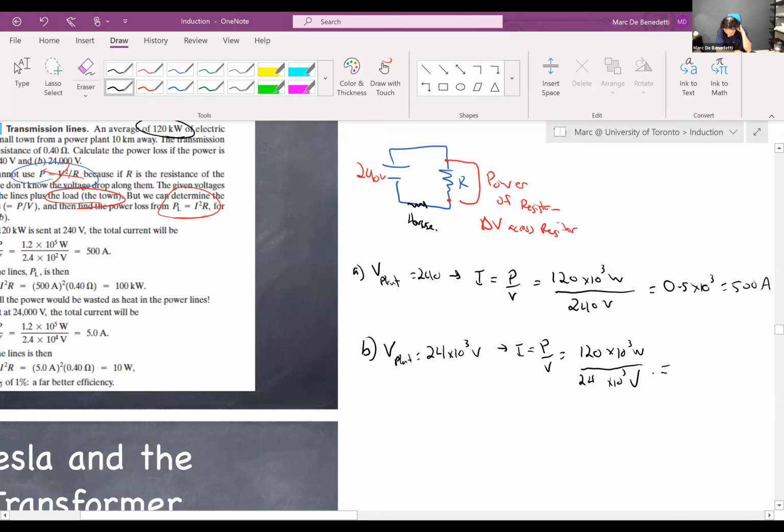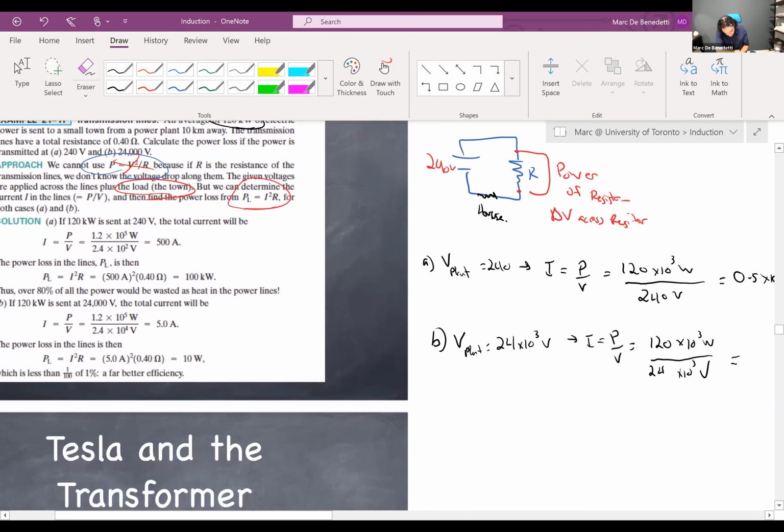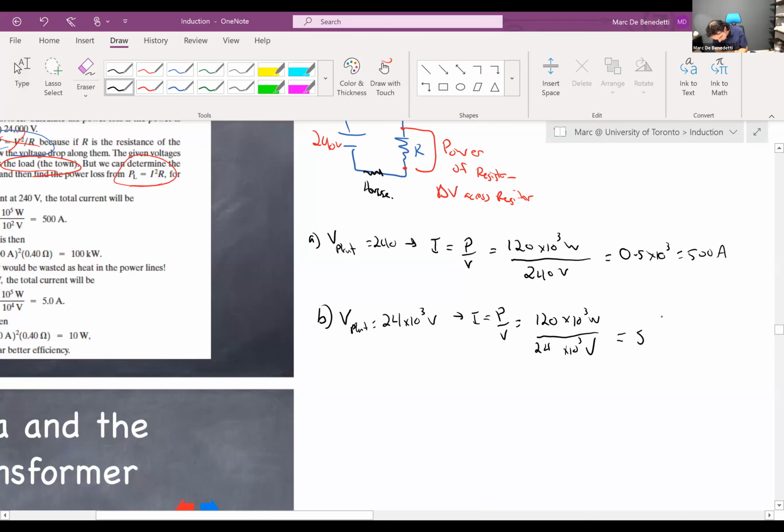And this is going to be 24 divided by 120, 5, I guess. Roughly 5 amps. So we've got different currents in case 1 and case 2.